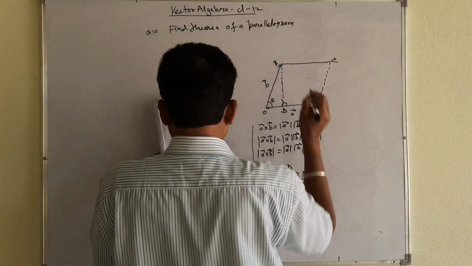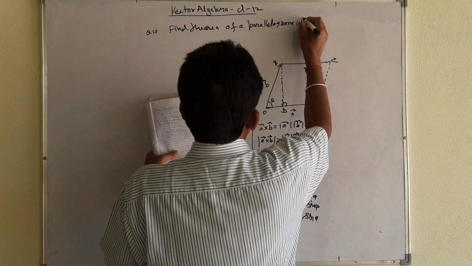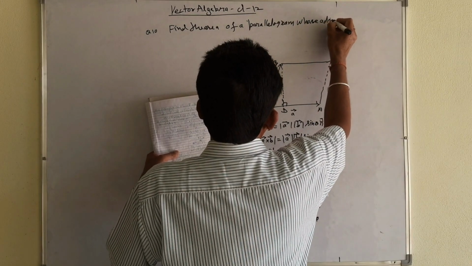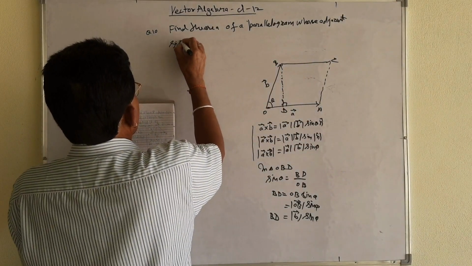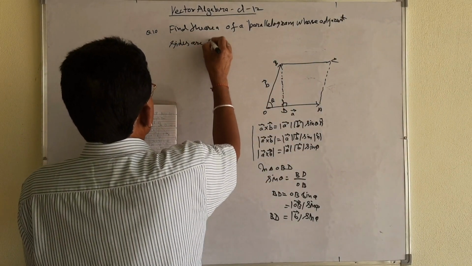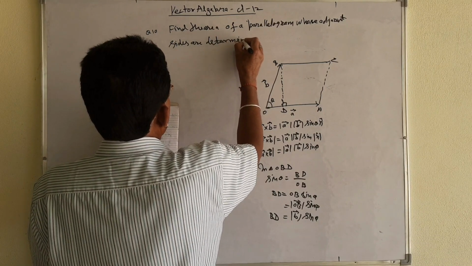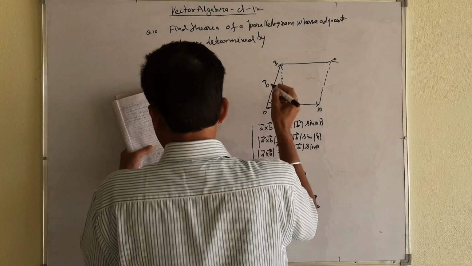My dear student, it is a very simple question. Find the area of the parallelogram whose adjacent sides are determined by the vectors.